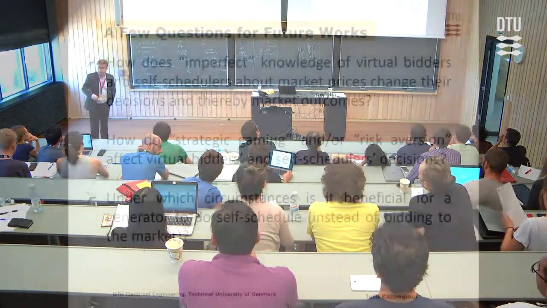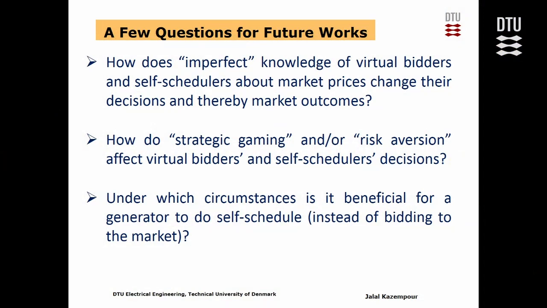Future work. Virtual bidders are not necessarily perfect. They might have imperfect knowledge. How do we model asymmetric equilibrium in terms of information? If the information of G1 is different from G2, if they believe in different scenarios, how do we model it? Should we end up with a Bayesian game or not?